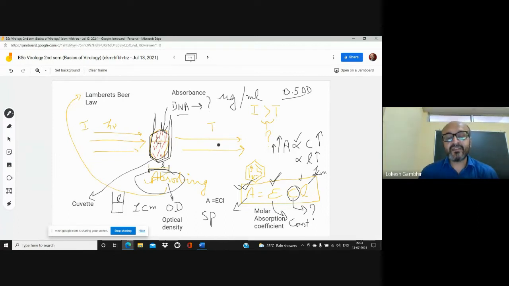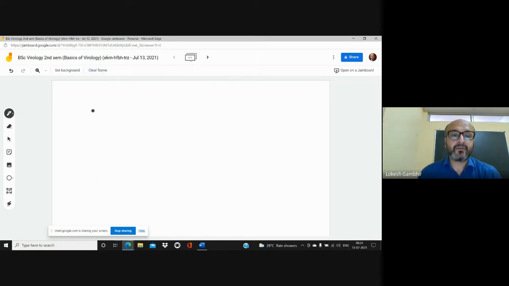Fine. So while enumerating in the spectrophotometer, we have certain standard values. What is the standard value of DNA that we are talking about? See, let me clear the frame. The standard value of DNA is 1 optical density, 1 absorbance, if the reading is 1 at 260 nanometer. In the next slide, we'll be starting with our instrumentation part.